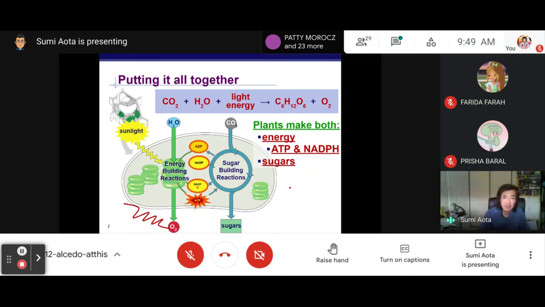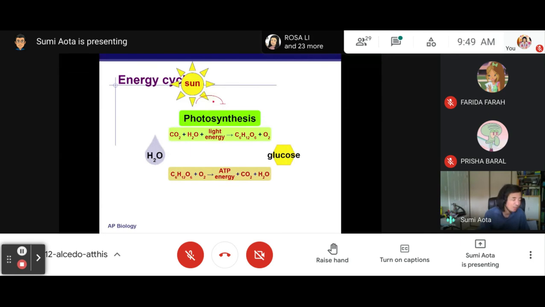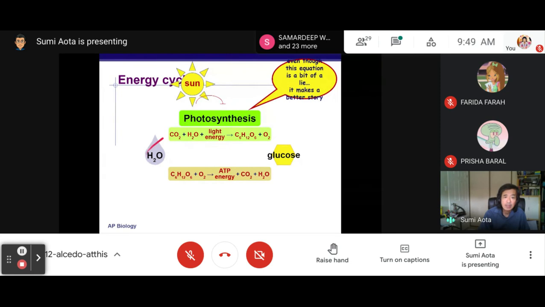Okay, so if we look at the cycle, don't worry about these funky arrows. They didn't translate it over from PowerPoint very well. Photosynthesis is going to take carbon dioxide and water and light energy and make glucose and oxygen. Why is this equation a little bit of a lie?